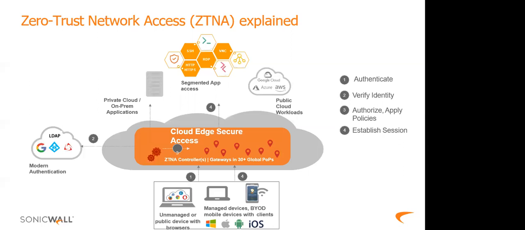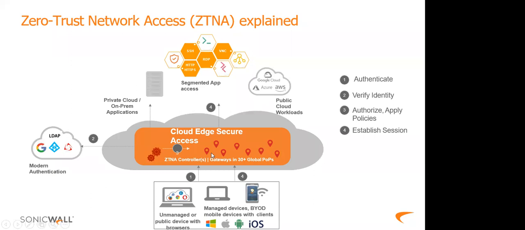So the cloud edge deployment. If you can see from here, any unmanaged or public device with a browser, or you're using your Windows PC, iOS phone, or Android phone, all these things, they will first connect. Then they will authenticate first and verify your identity.